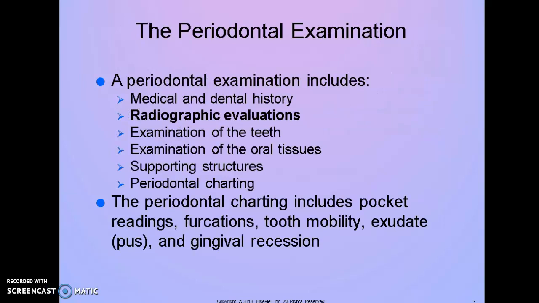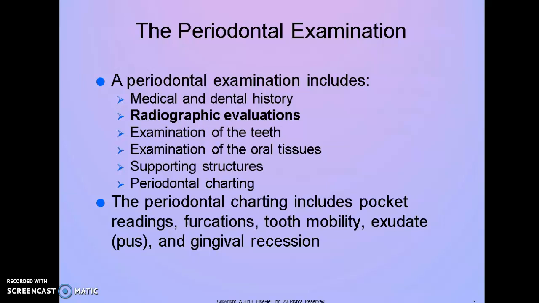So the perio examination includes, obviously, medical and dental histories and radiographic evaluations. That phrase is highlighted because the radiographic evaluations are going to include periapicals, and a lot of times if the perio has advanced, it's going to include vertical bite wings so that they can see just how far the disease has progressed, which you can't see well on horizontal bite wings.